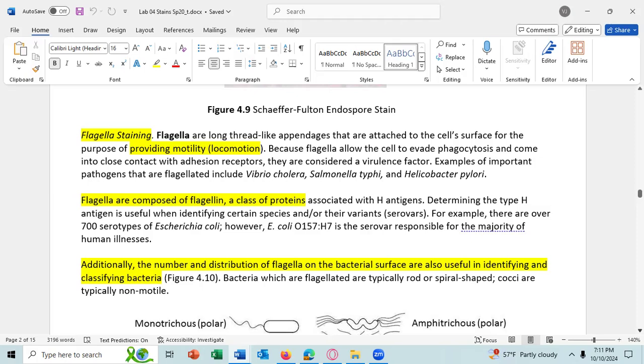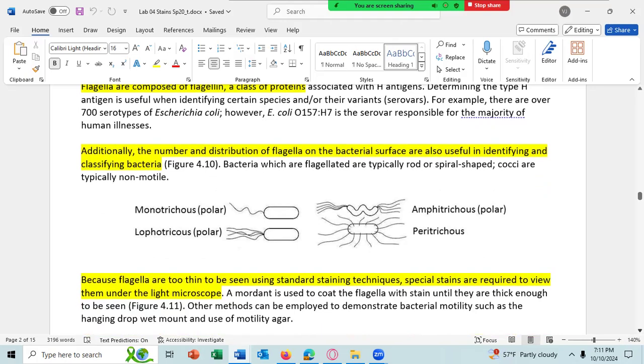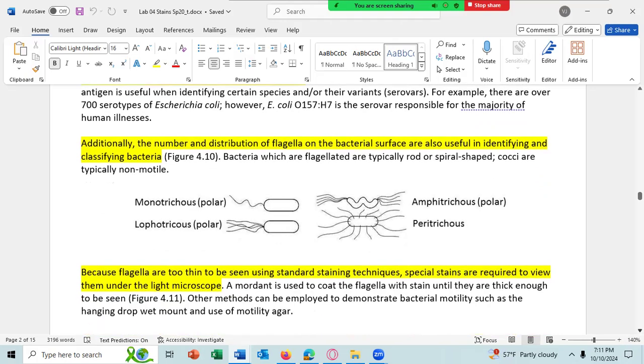Flagella are composed of the protein flagellin, and you need to know this not for a quiz, but for the lab. You can classify bacteria on the number of flagella they have. First of all, there can be a cell with no flagella, which isn't shown here. Then you can have monotrichous, where there's one flagellum.